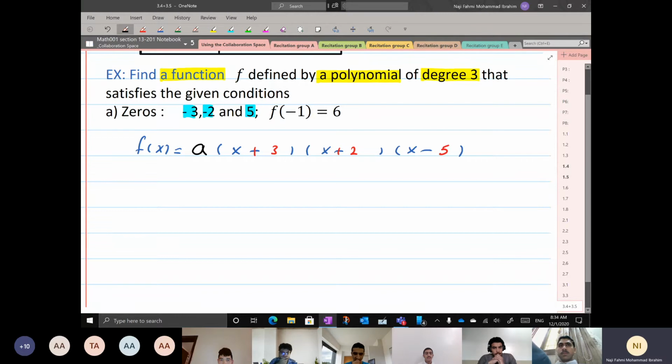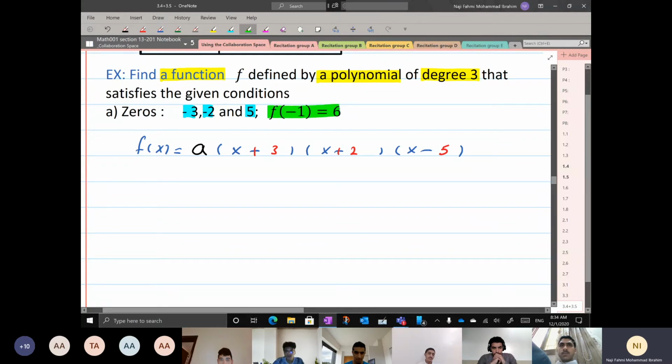So now, our last step in this question is to find the value of a. How can we find the value of a? I will use this ordered pair that is given to us. He gave us that f of negative 1 is 6, right? Yes. Which means I can replace y by 6 and x by what? Negative 1.